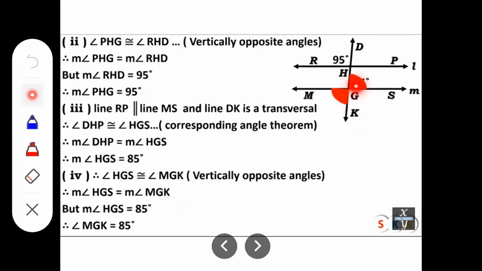So if angle HGS, which we just found, is 85 degrees, its vertically opposite angle will also have the same measurement. So angle MGK equals 85 degrees. This type of question is very easy to solve if you know the properties of angles and can identify the different pairs of angles.